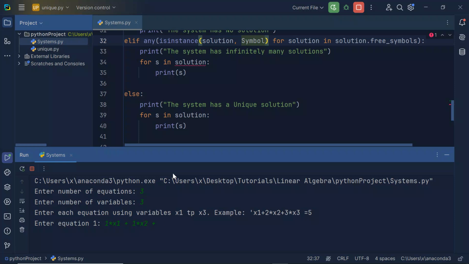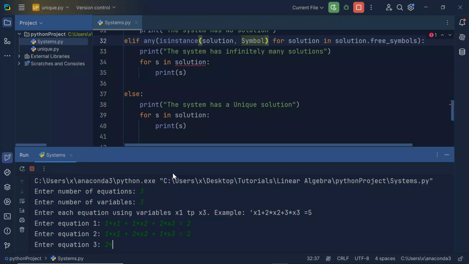plus 2 times x3, or 2x3 like you are used to. And then the second equation is 1 times x1 plus 2 times x2 plus 1 times x3 should be equal to 2.